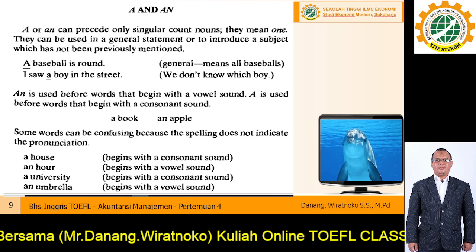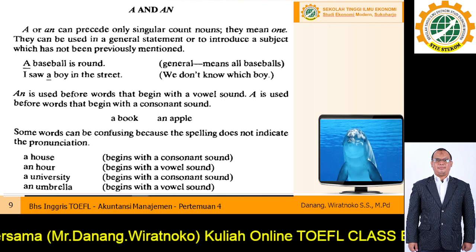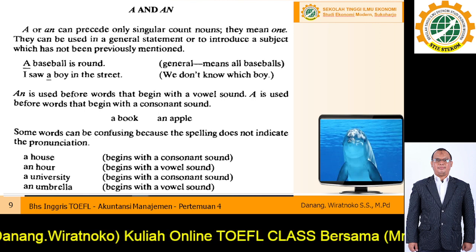Jadi kalau misalnya kita mau membicarakan orang itu lagi, kita jangan bilang a man, a dog ya. Tapi we say a dog pertama, dan yang kedua, kata untuk mengutarakan bahwa dognya itu yang sama, kita pakainya the dog ya. The dog that steal the beef or steal the steak.